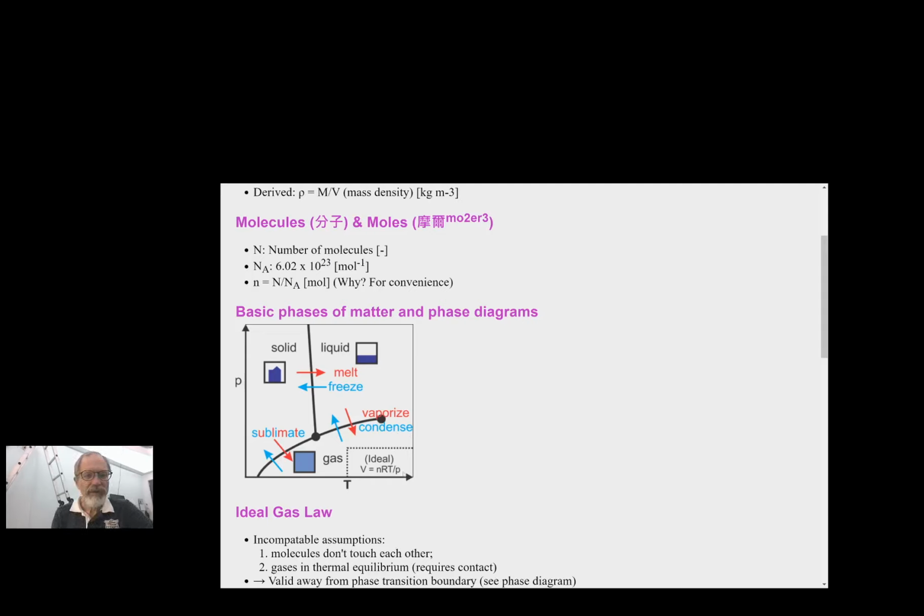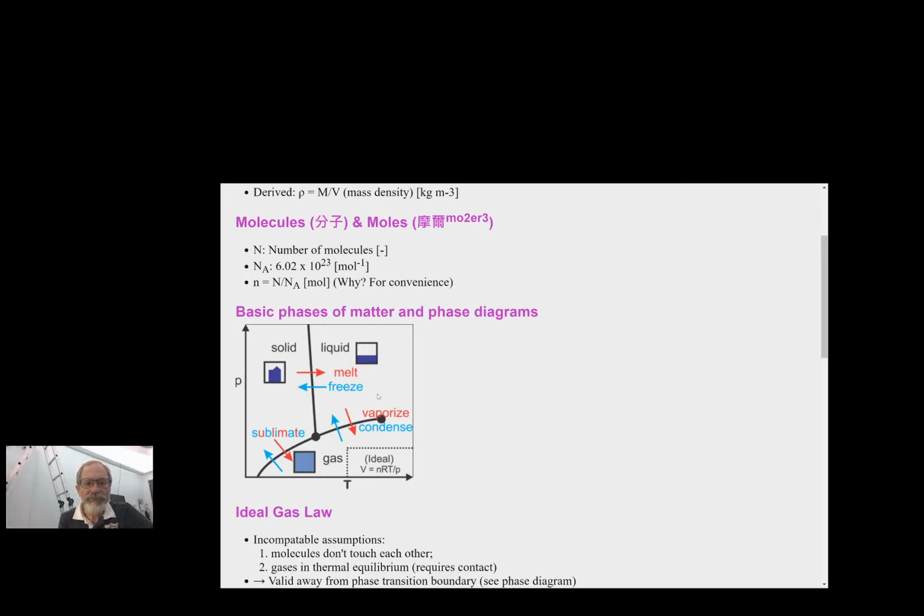If we have a low temperature and a high pressure, or almost any pressure at low temperature, we will get a solid. If we have a high temperature and a high pressure, we will generally get a liquid. So these are the 3 phases of matter.